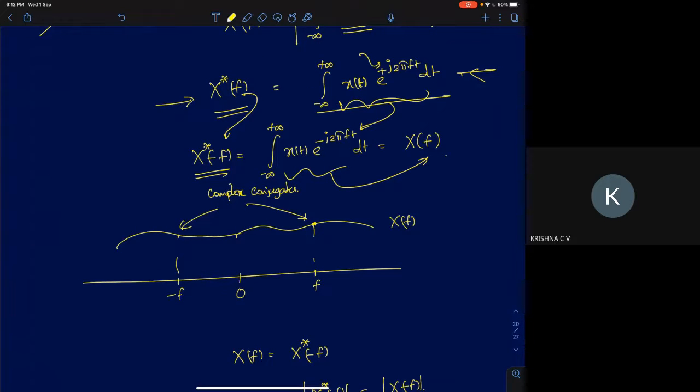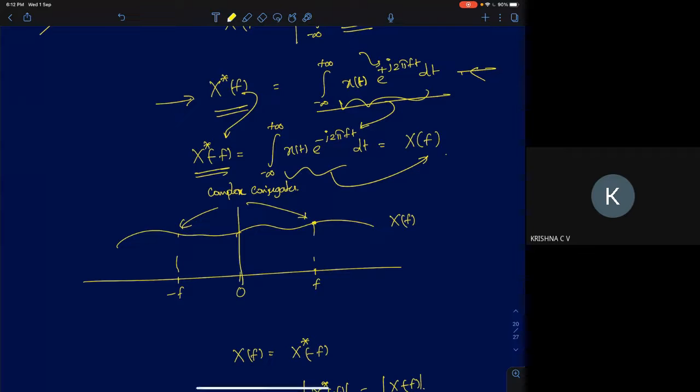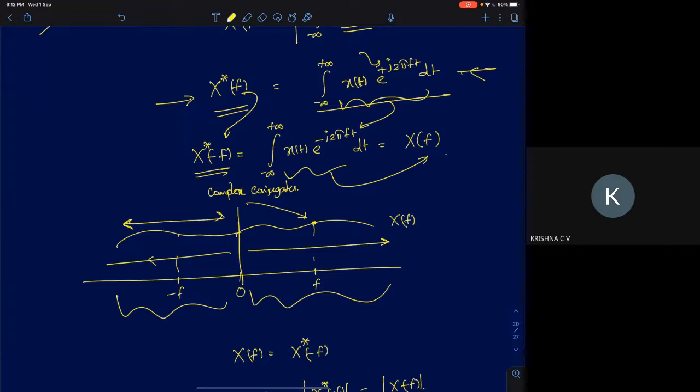It also tells you that you don't really need to know the negative frequencies. If you know only the positive frequencies, you can uniquely determine the Fourier transform of the negative frequencies. With that knowledge, you can easily construct it.